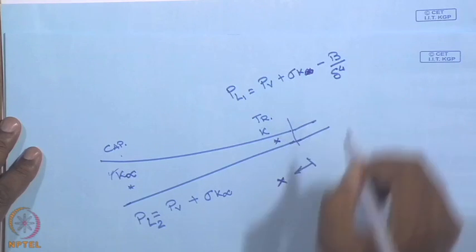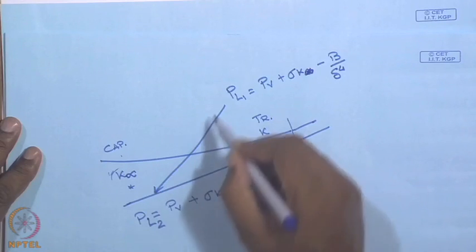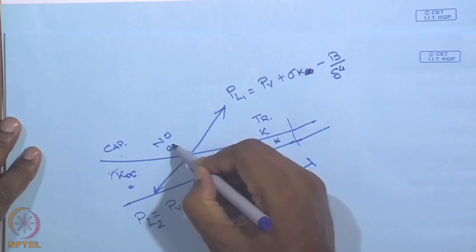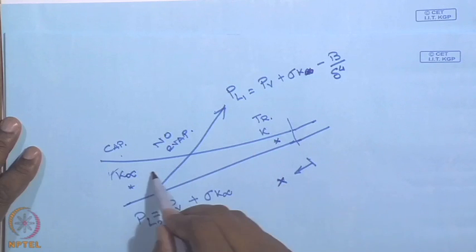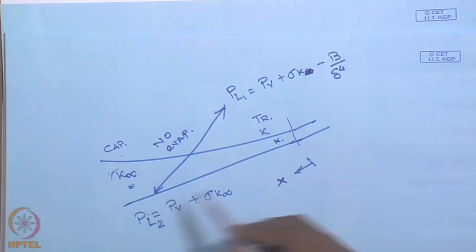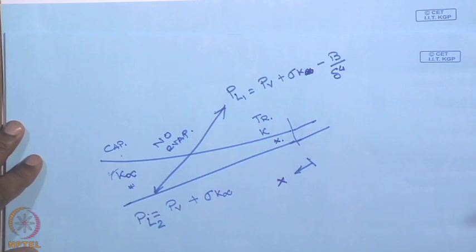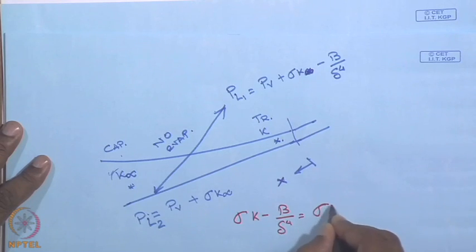Now, since it is at equilibrium and there is no evaporation, there cannot be any flow at steady state from point 1 to point 2. So, P L 1 must be equal to P L 2, and what we get essentially is that sigma k minus b by delta to the power 4 is equal to sigma k infinity.